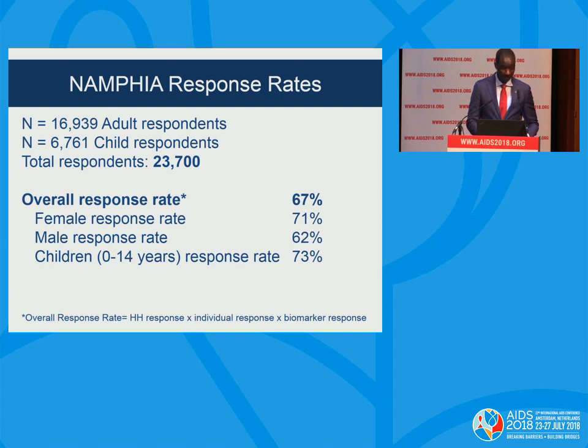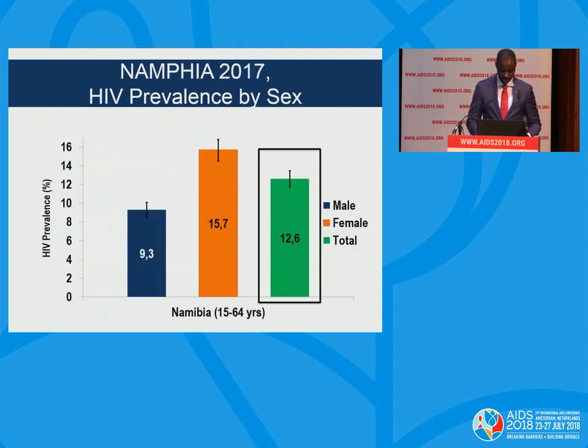And it was higher in women and children as compared to men, and I think this is not so much of a stranger. So the total national HIV prevalence in Namibia in 2017 was 12.6%. And prevalence among women was significantly higher than for men, as you can see in those graphs, and stood at 15.7% compared to 9.3% in the male equivalent.